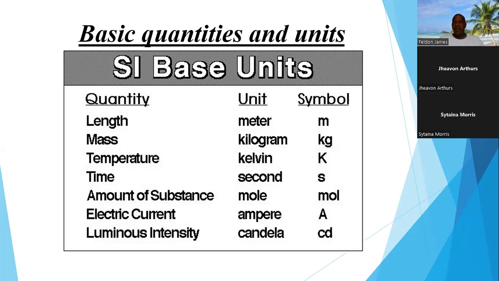Now, for temperature in physics and in science, we use Kelvin, but we know we have other units to measure temperature like Celsius and Fahrenheit. But for the purpose of science, we use Kelvin, right? Is that clear what I'm saying, guys?